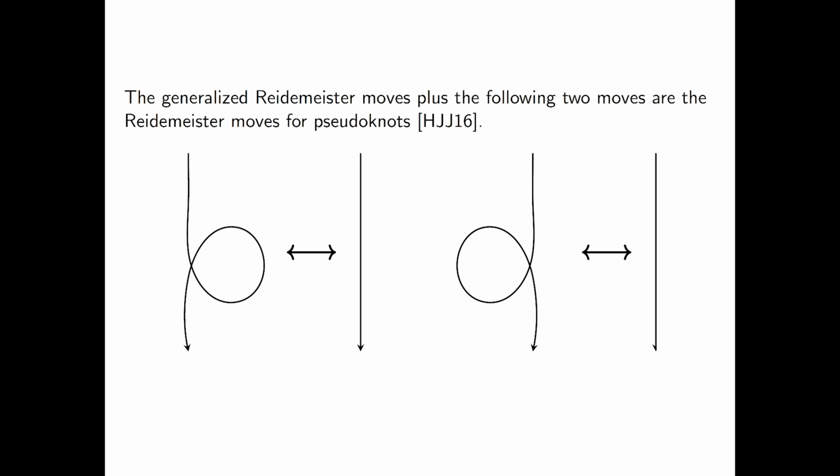So again, if you consider the generalized Reidemeister moves and you replace the singular crossings with pre-crossings and you add these 2 additional moves, you get a set of Reidemeister moves for pseudo knots and pseudolinks.